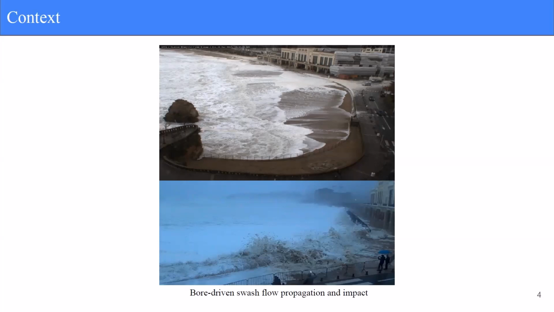Actually, they are not waves. They are broken bores that are transformed into swash flows that are overtopping this kind of pedestrian promenade. Then they can potentially impact the structure behind. And in this second case, we can see that this removable dike is actually damping the forces that can potentially be applied to this downstream structure.